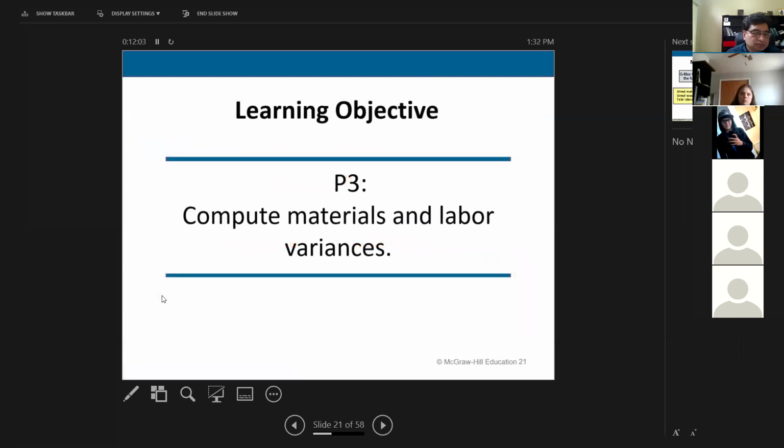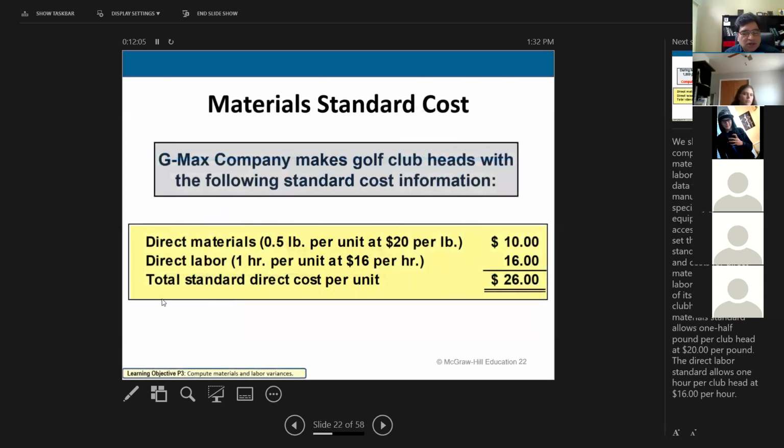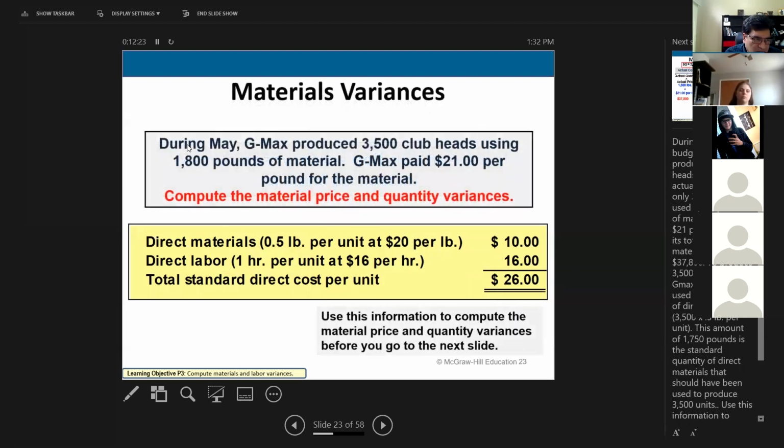I think we're good. So let's take a small example. Direct material is half a pound per unit at $20 per pound. Direct labor, 1 hour per unit at $16 per hour. During May, 3,500 club heads were produced using 1,800 pounds of material, paid $21 per pound for the material.